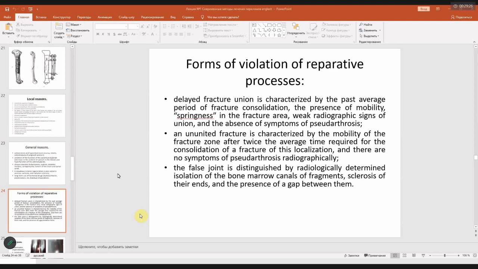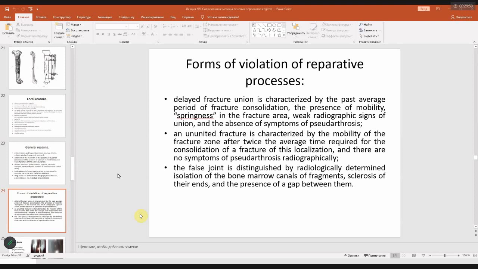An ununited fracture is characterized by the mobility of the fracture zone after twice the average time required for the consolidation of a fracture of this localization, and there are no symptoms of pseudoarthrosis radiologically.